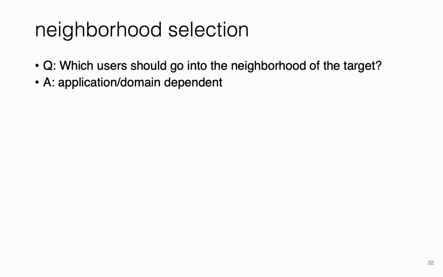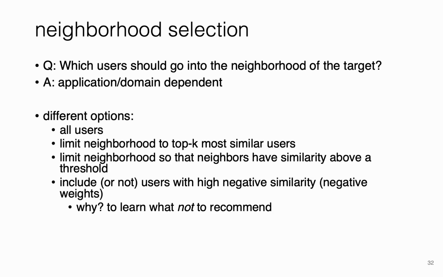A few more notes on neighborhood selection. Generally, there are different ways to choose the neighborhood, all being valid, but serving different purposes. Here we list a few. In the extreme case, we can include all users. This is a valid neighborhood. We can only take the k most similar users.